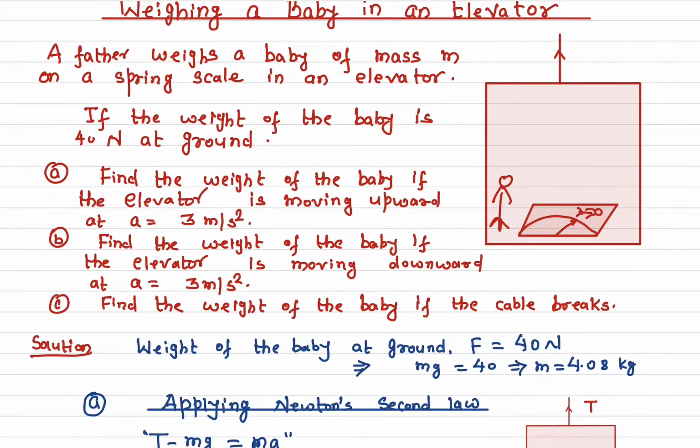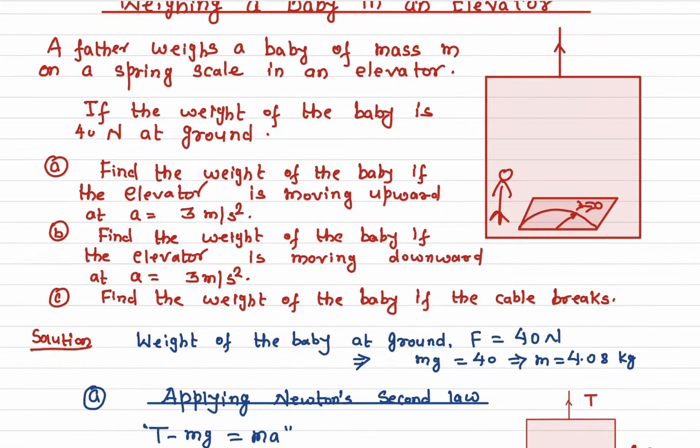A father is weighing a baby. First, he measured the weight of the baby, which is 40 Newton at the ground, or when the elevator is at rest. And then he is trying to find out the weight of the baby if the elevator is moving up with 3 meter per second square.